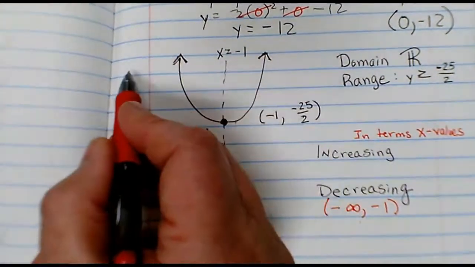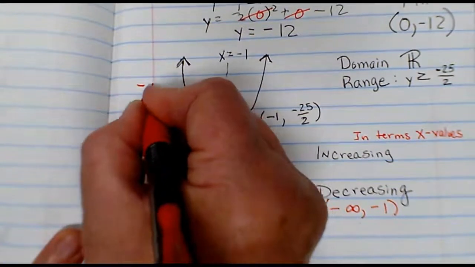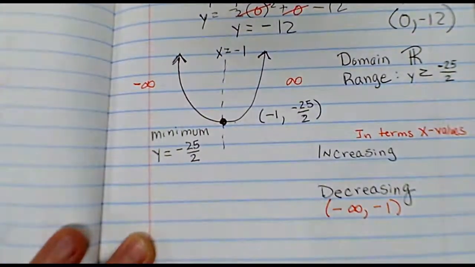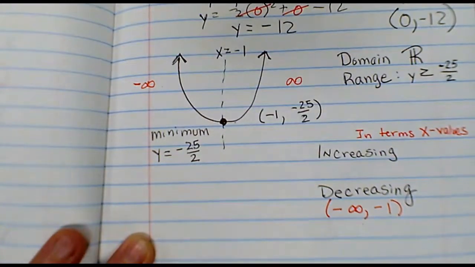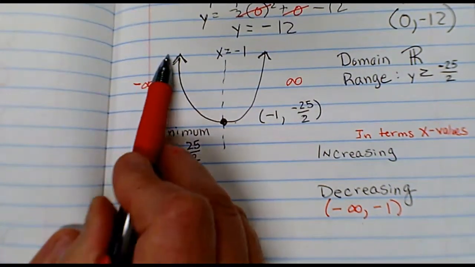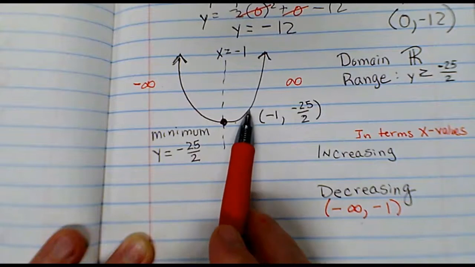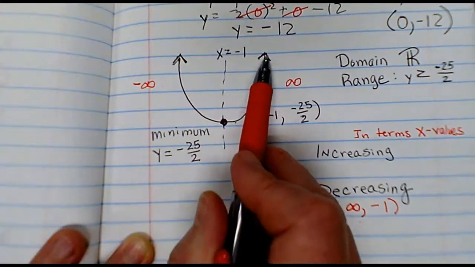So if you're going out this way, this side of the graph is negative infinity, and this side is positive infinity in terms of x. So we start out here at negative infinity and decrease all the way to negative 1. And then what happens at negative 1? We start going up.